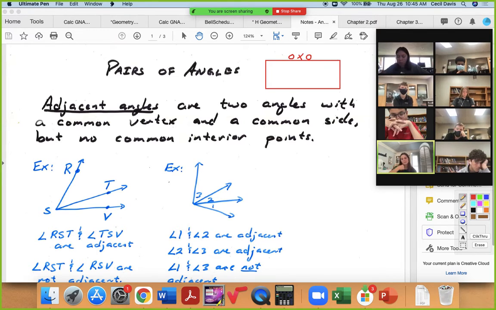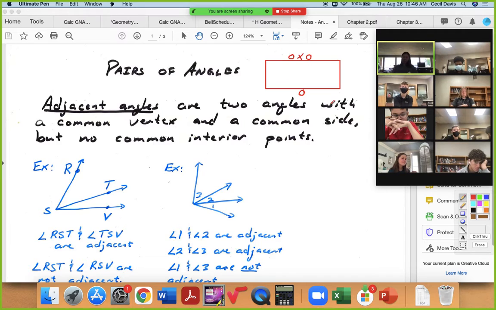If something is adjacent to something else, it's right beside it. As opposed to, does anyone know what it would be called if they're sitting over here? There's a couple of different ways you could say it. Anyone want to hazard a guess? Yeah, opposite is actually the best way to say it. They're your opposite. They're across the table from you.